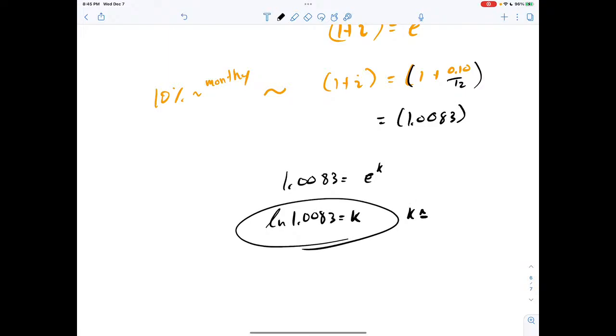If you compute that, I get 0.0082. So in this case it's 0.82% per period.